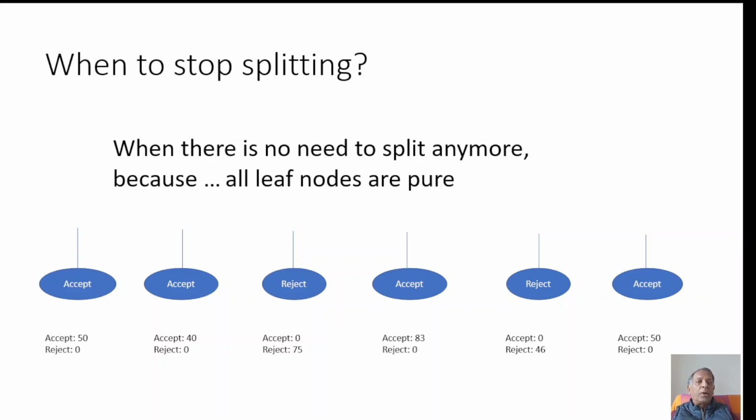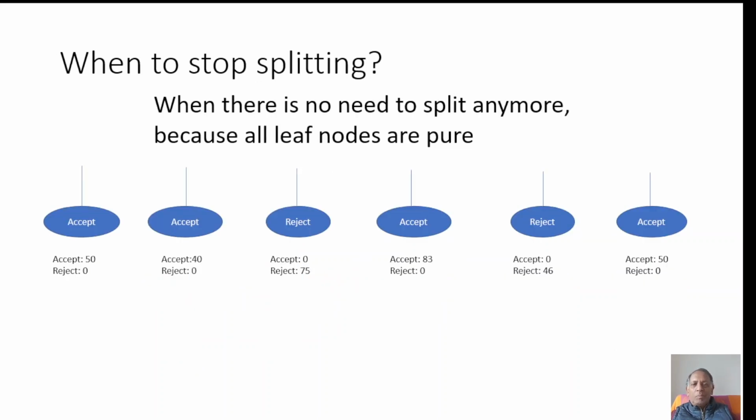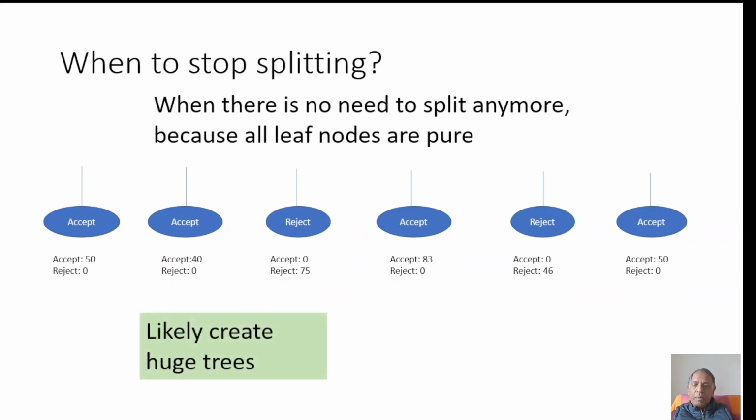The other target attribute value doesn't appear. So here all are accepts, here all are rejects, here all are accepts, here all are rejects, here and here all are accepts. So all the leaf nodes are pure, so there's no need to split anymore. Okay, that's one case, but in practical data that almost never happens.